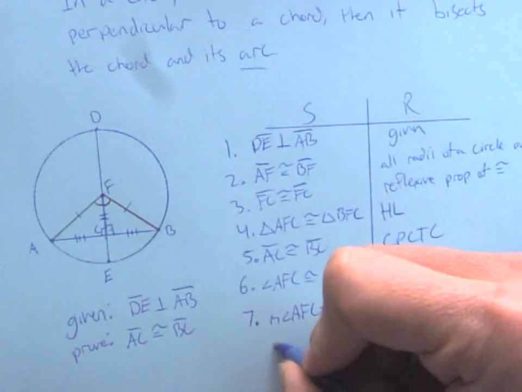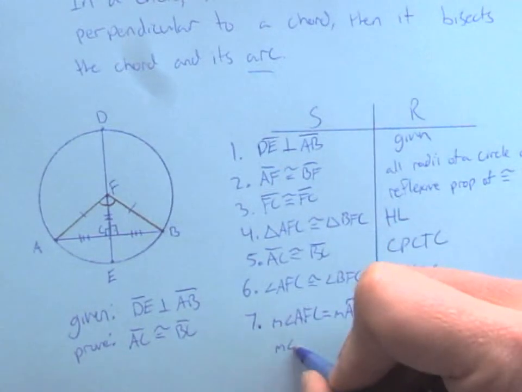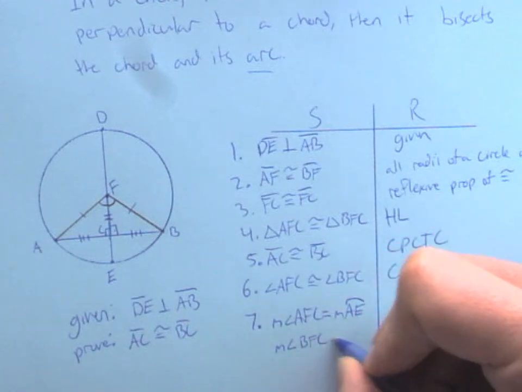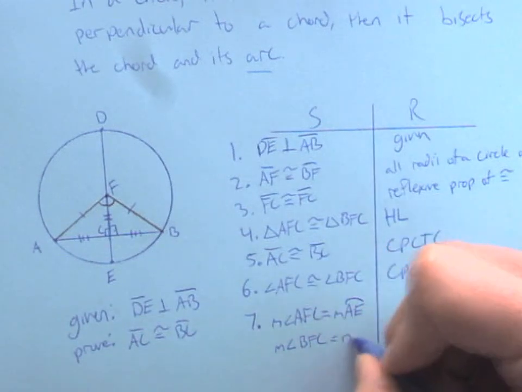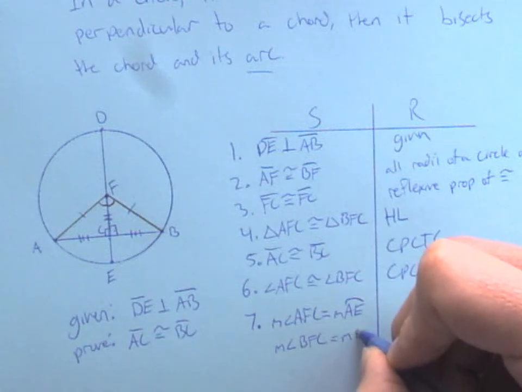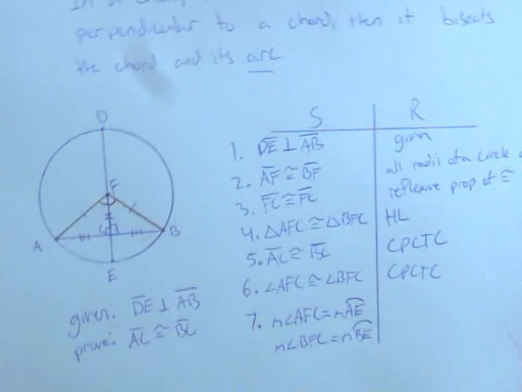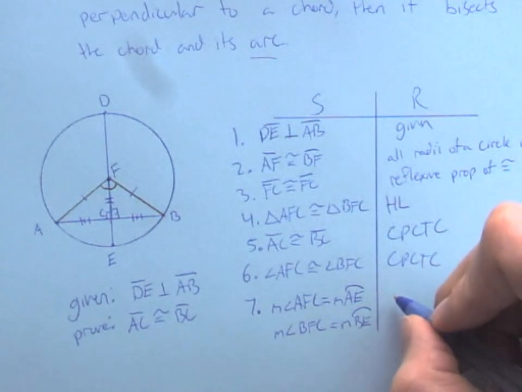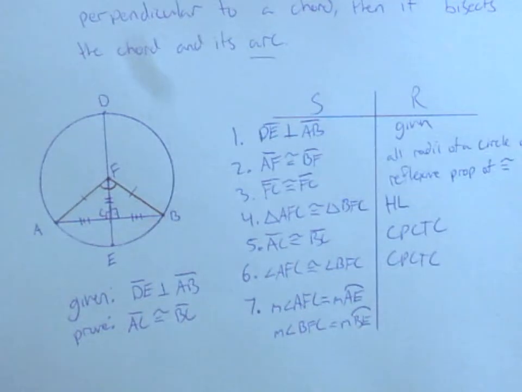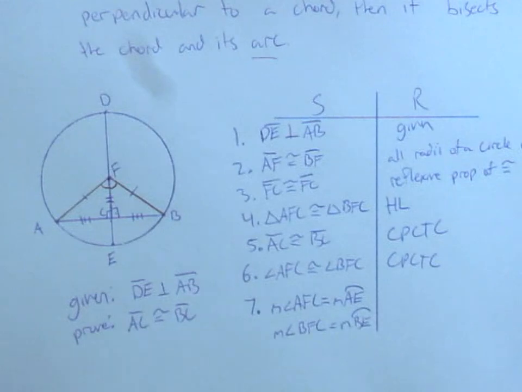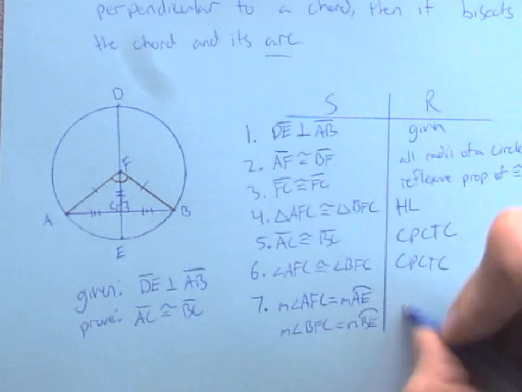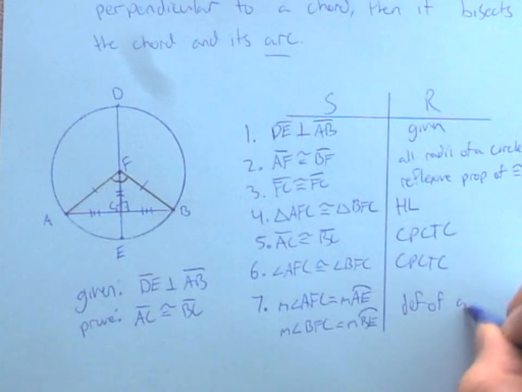In the same way, for the same reason, we can say that the measure of angle BFC is equal to the measure of arc BE. We can do that by the definition of arc measurement: the arc measurement is equal to the central angle. So I'm going to write def of arc measurement.